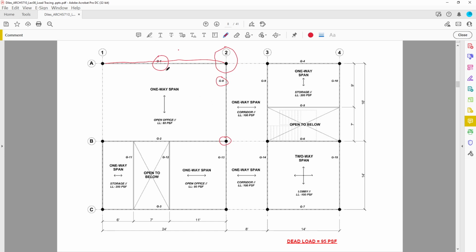We have a one-way span, but it's going in this direction, so it's not resting on G8. What's happening over here? We have a one-way span going in this direction, which means that half of this one-way span is going to be resting on G8.